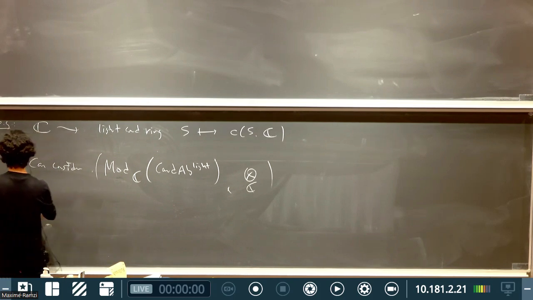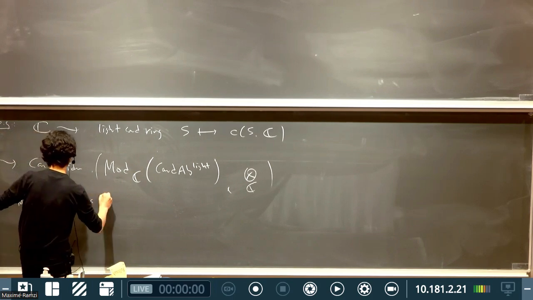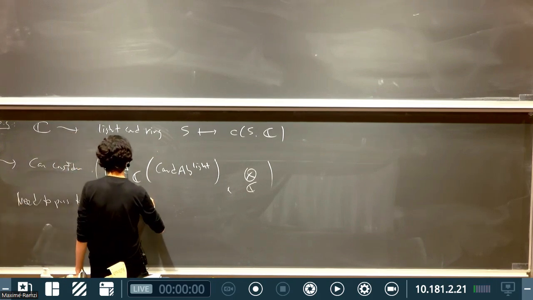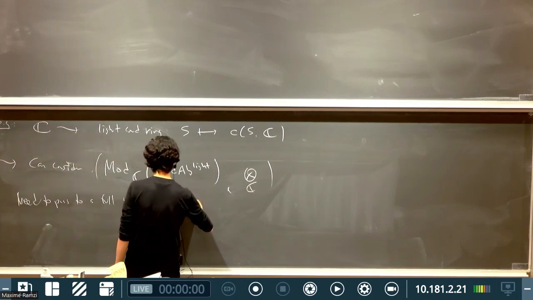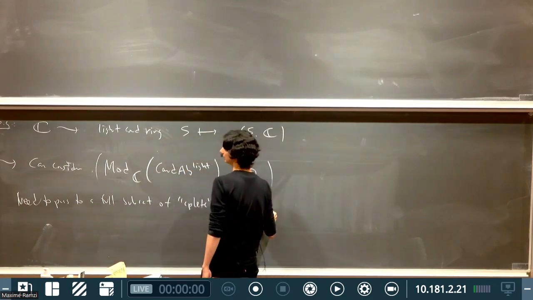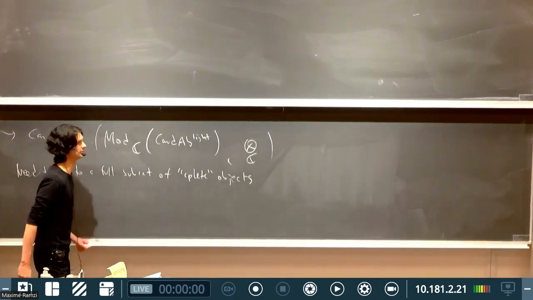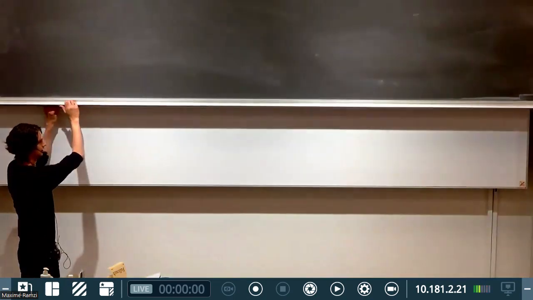So we need to pass to a full subcategory of complete objects. And again, we're going to use the kind of minimal choice of completeness.